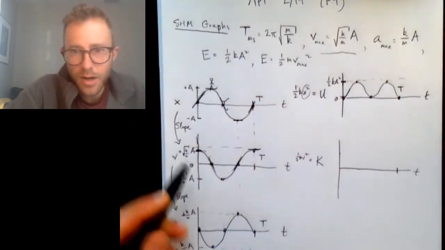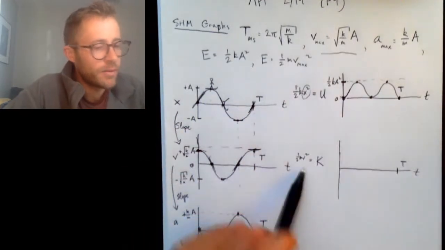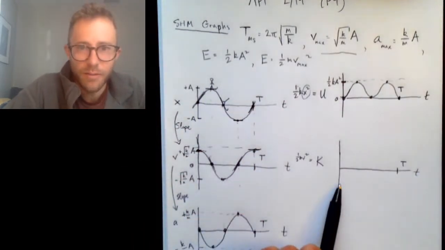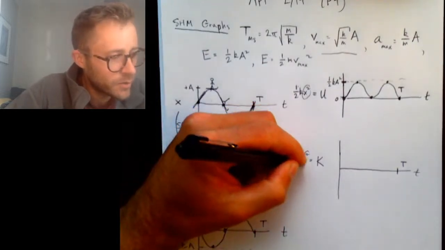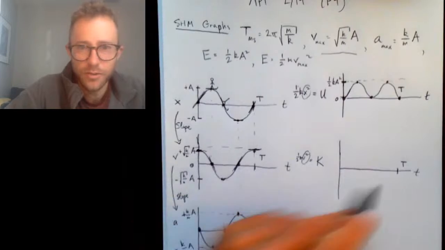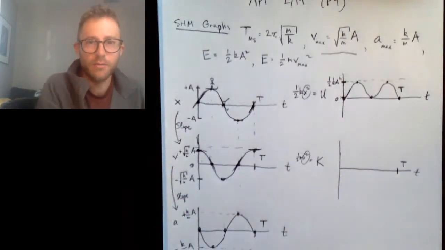So that is why I am drawing the kinetic energy graph next to the velocity graph, because I'm going to square the velocity graph. So I want to have it nearby, because I'm going to use this graph as the basis for that graph. Okay.